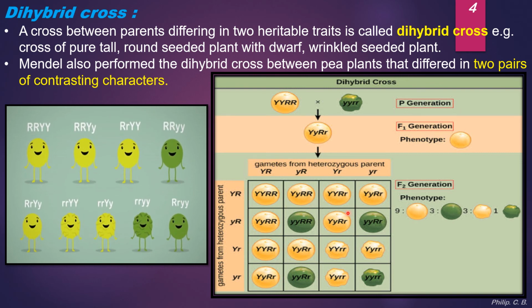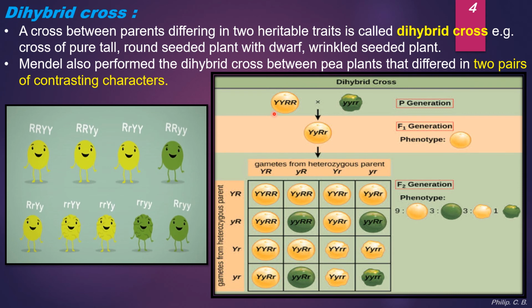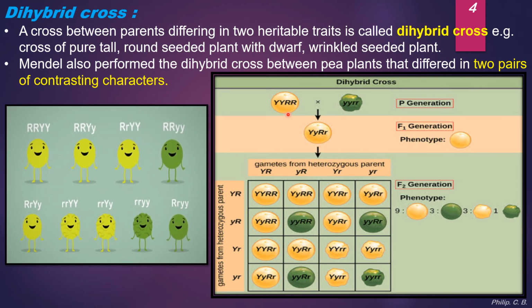Now here in this image of dihybrid cross, we can see the parental generation P, capital Y capital Y capital R capital R, and small y small y small r small r. In the F1 generation, we get capital Y, capital R, small y, small r, where the dominant one is the yellow rounded seed plant.